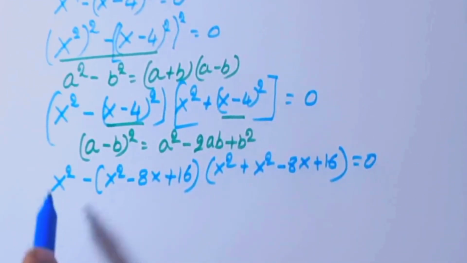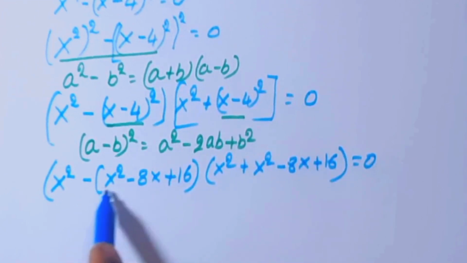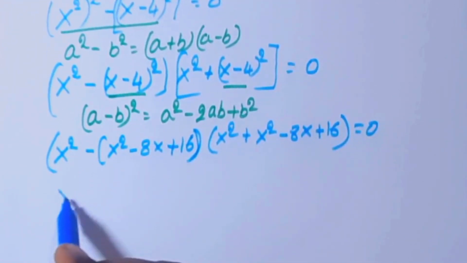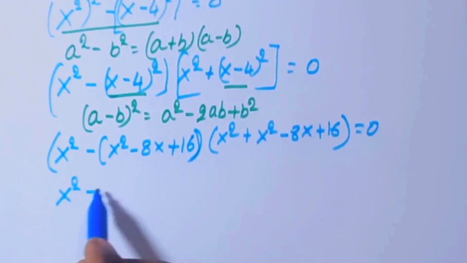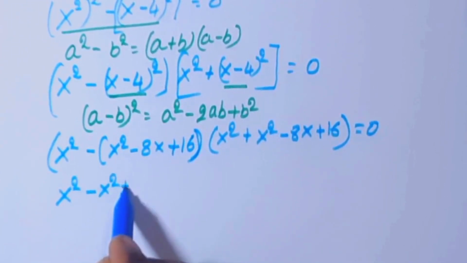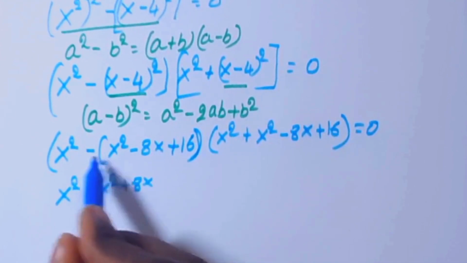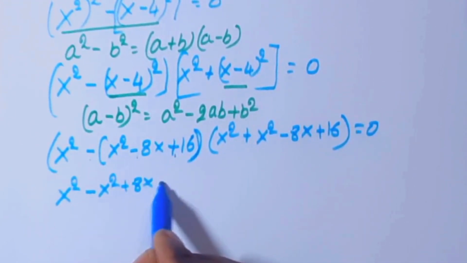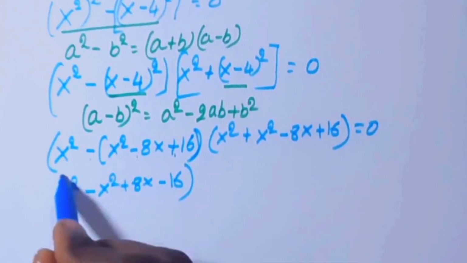Now we are opening this bracket. So x square minus x square plus 8x, minus into minus is plus, minus into plus is minus 16.